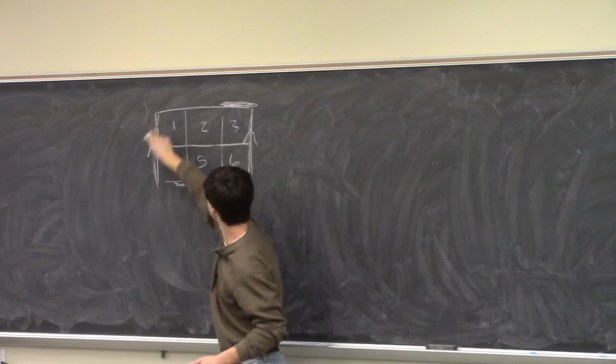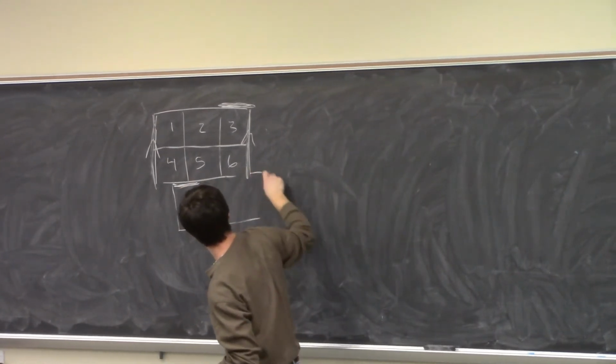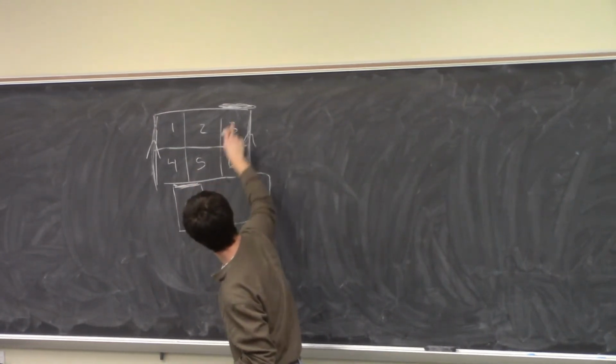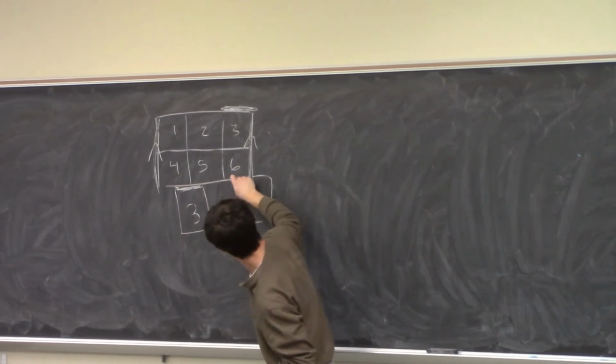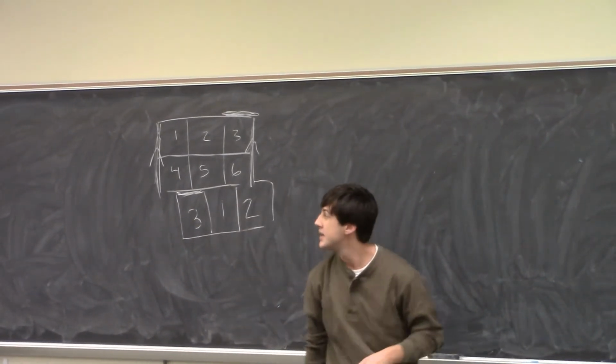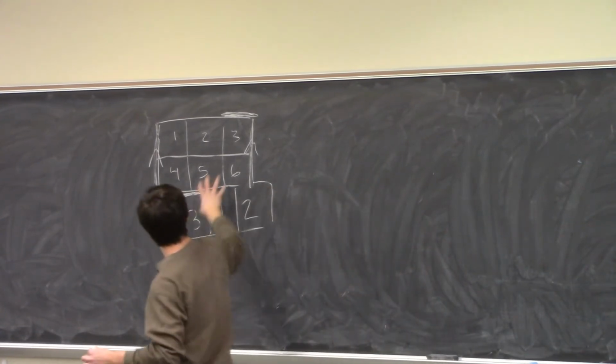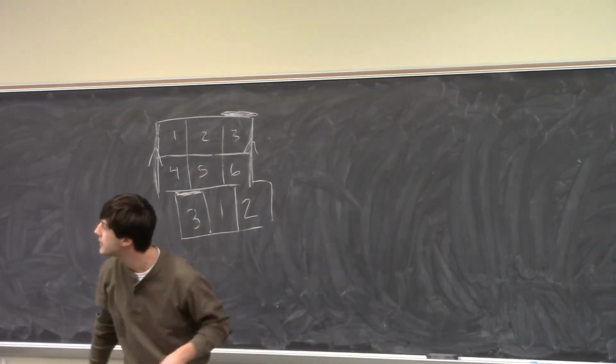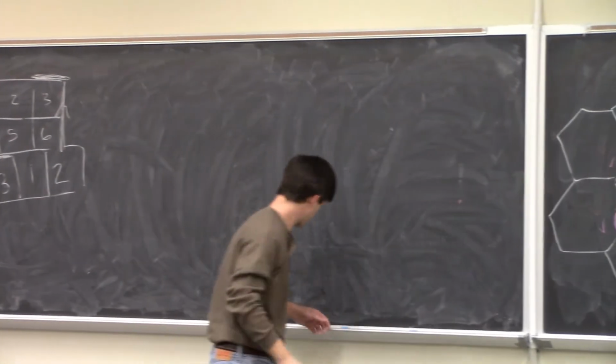And then here you have region 1 and region 2. So this is a six-color map on the genus 1 that is complete.